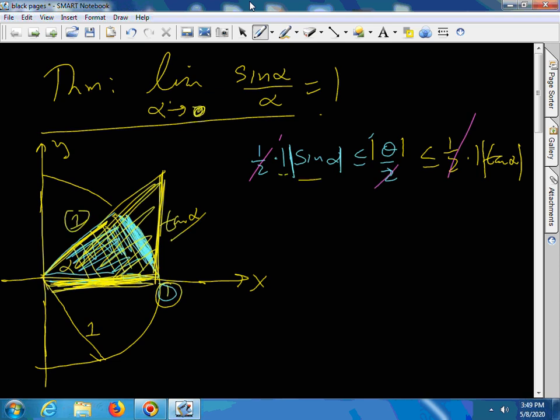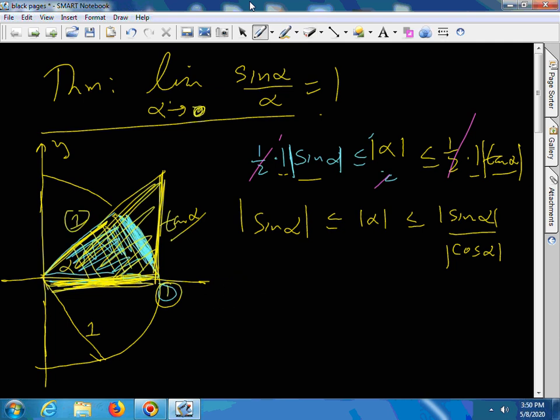So now we have the absolute value of sine A, less than or equal to the absolute value of A, which is less than or equal to 1 times the absolute value of tangent A. I'm going to write that as the absolute value of sine A divided by the absolute value of cosine A. Nobody would deny that.